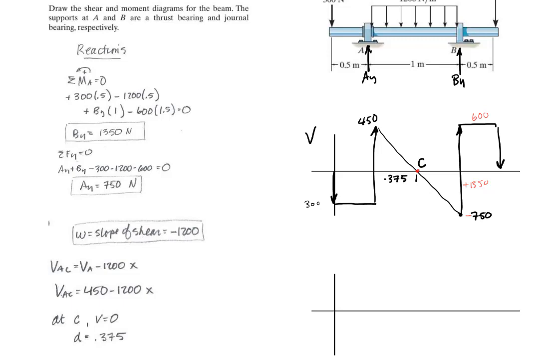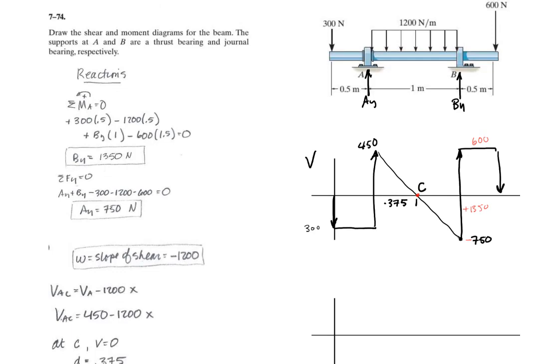Okay. With that, I can compute some areas, and then I can draw the moment diagram. So let's compute the areas over here. This one is A1, and that's going to be equal to 300 times 0.5, which is 150. This one in here is a triangle. That's 1/2 BH, so 1/2, the base is 0.375, the height is 450, and so that is going to be 84.4.